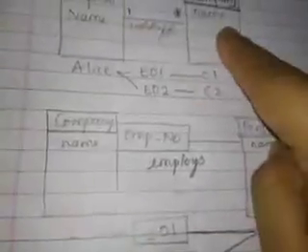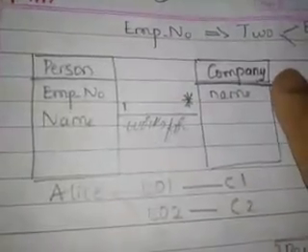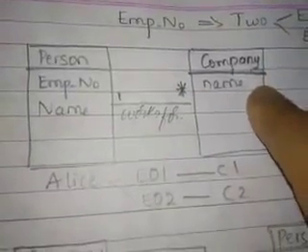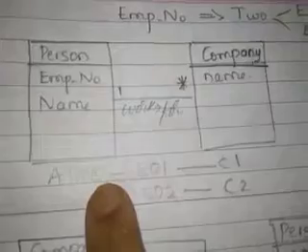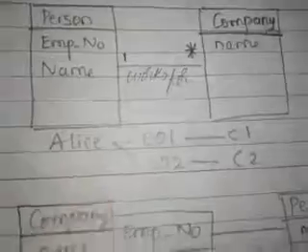Now look at the revised model. Initially the class diagram was: Person, with attributes employee number and name, and Company with name as its attribute. Now this is wrong because the employment number is not unique, so you are unable to identify this particular person depending upon a company, because he has two employment numbers.